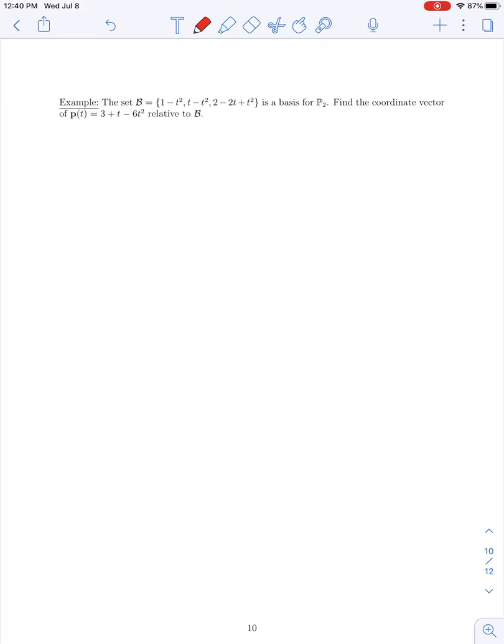Here, suppose that we have the following set B, consisting of these 3 polynomials, and we're told that this is a basis for P2, the set of all polynomials of degree 2 or less. So for that basis, we want to find the coordinate vector of this polynomial relative to that basis.